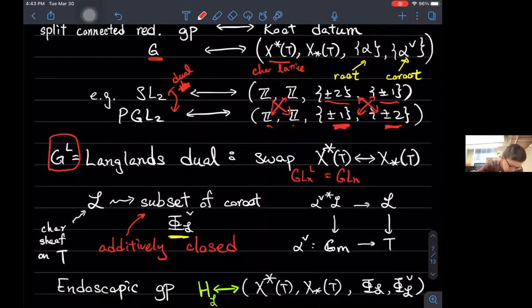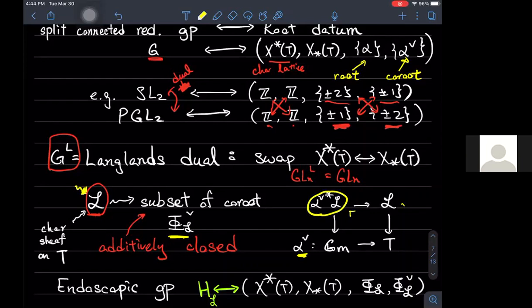But first of all, the endoscopic group depends on the character sheaf L. I want to choose a subset of coroots and call them good, which depends on the choice of L. As I said before, L could be regarded as a rank 1 local system on T. Then a coroot alpha-check represents a homomorphism from G_m to T. So I could pull back along this coroot and get a local system on G_m.